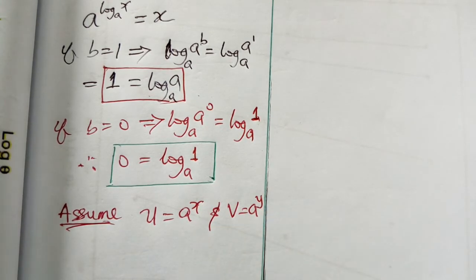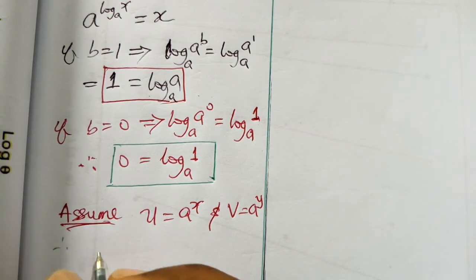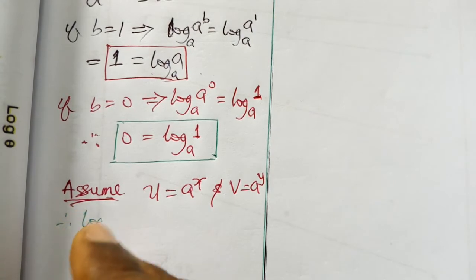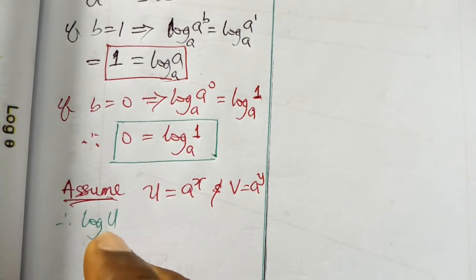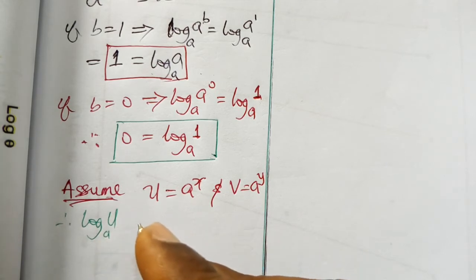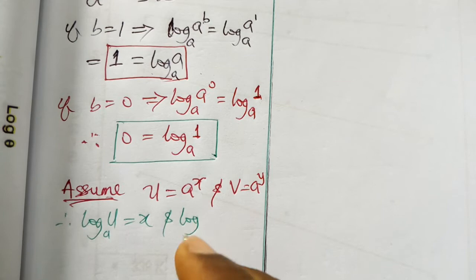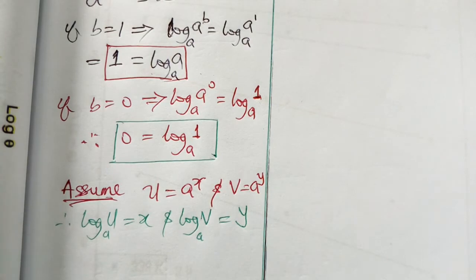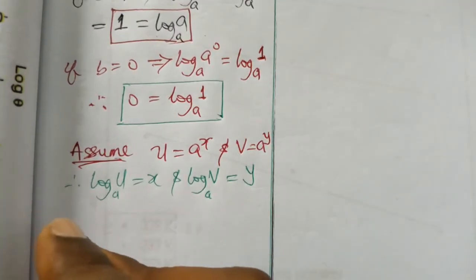This implies that, from what we have been doing before, log u base a is equal to x and log v base a is equal to y. That's what it is. So that we now go to rule 1, law 1, multiplication law.